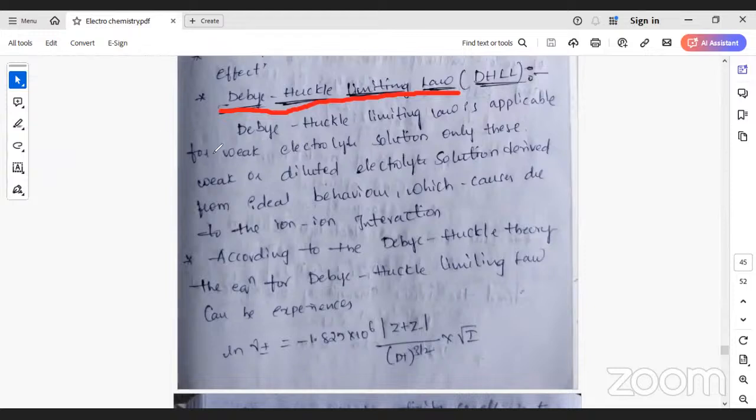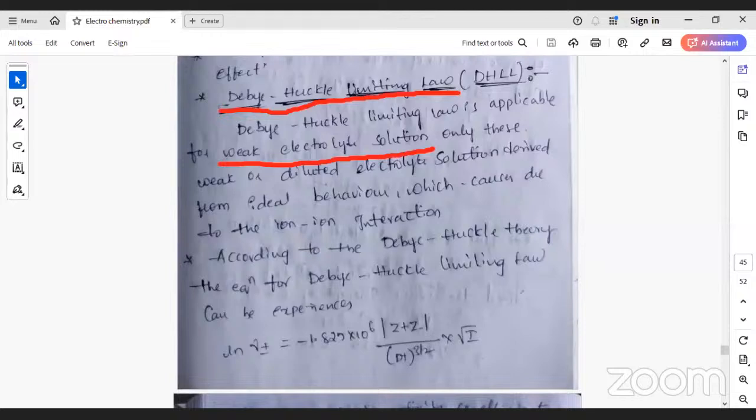The Debye-Huckel limiting law is applicable only for weak electrolytes. For strong electrolytes, it is not applicable. Strong electrolytes are completely dissociated into ions. Weak electrolytes are partially dissociated into ions.